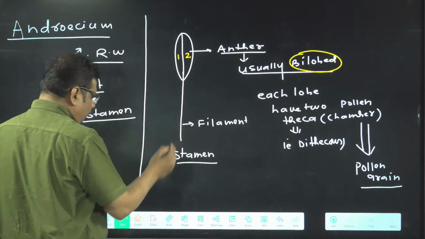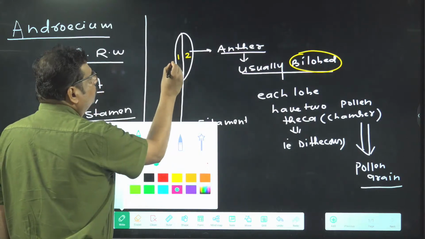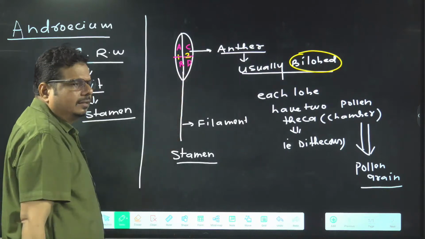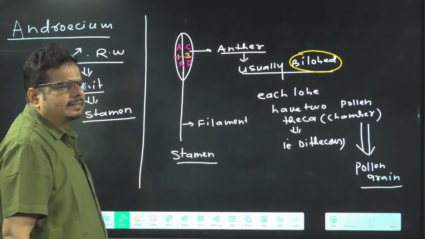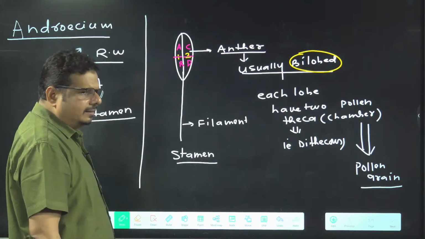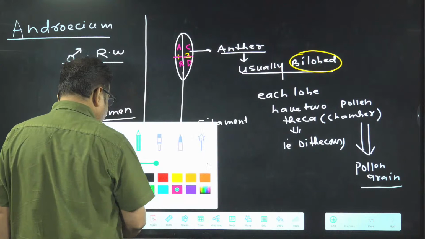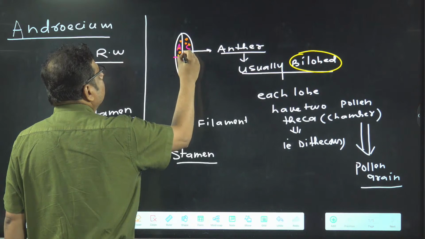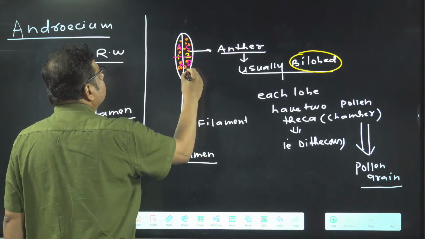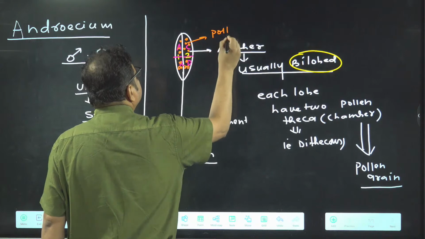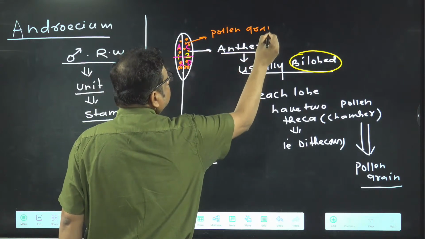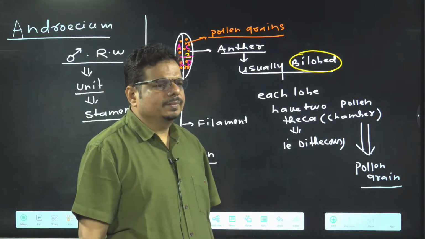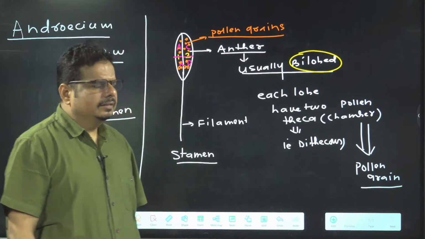But in each lobe, we usually find two theca: A, B, and this one has C and D. So each lobe has two theca, and that is the reason we call it dithecous. In these theca, or chambers, pollen grains are present. So this is the typical structure of an anther. Is it clear?